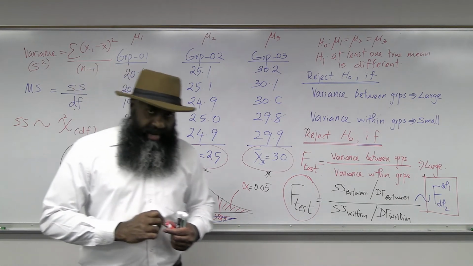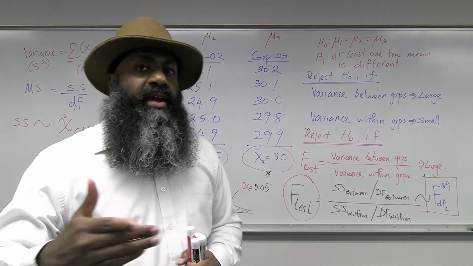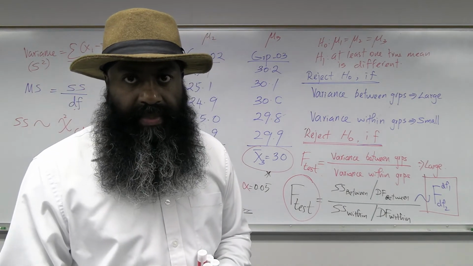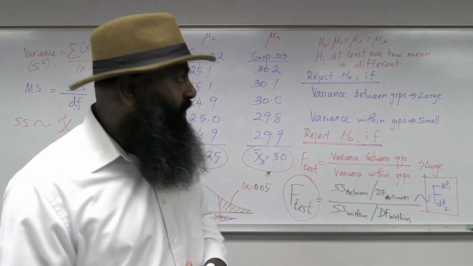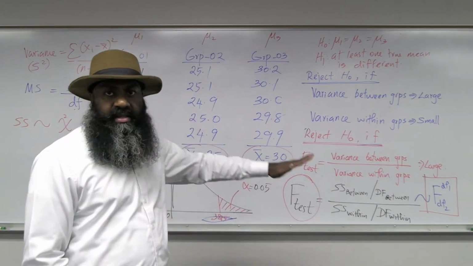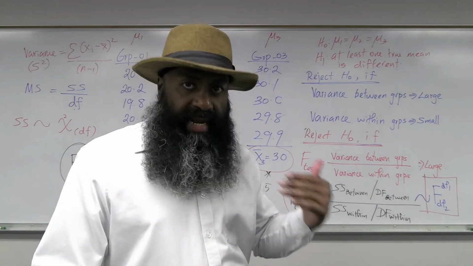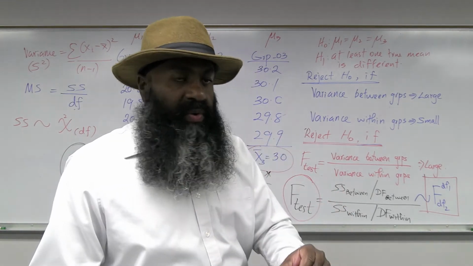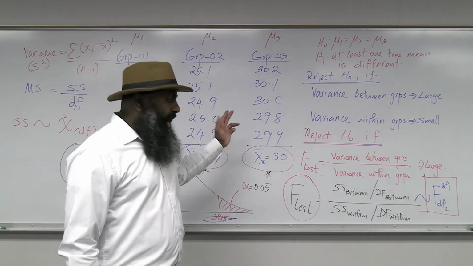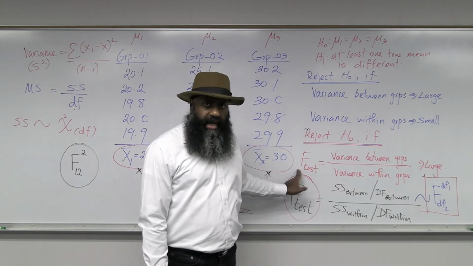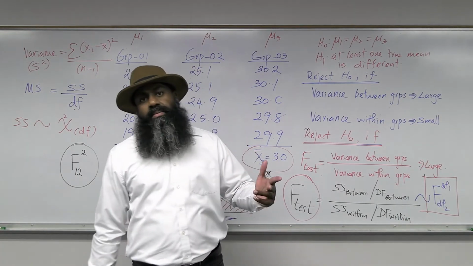To find that, if you need, you can use FCDF in your calculator. But on the other hand, if you have the data set, if you entered that into your calculator, and if you run ANOVA F test for that data set, it will also give you the p-value in addition to the F test statistic. So you can simply read it from the calculator.